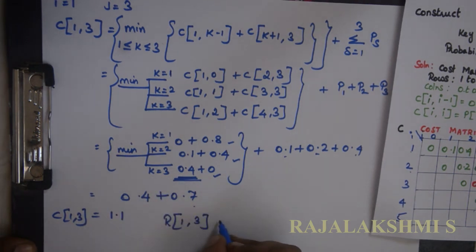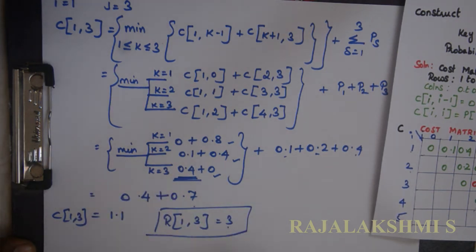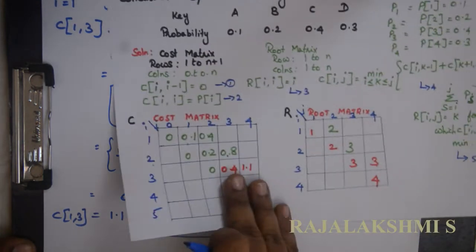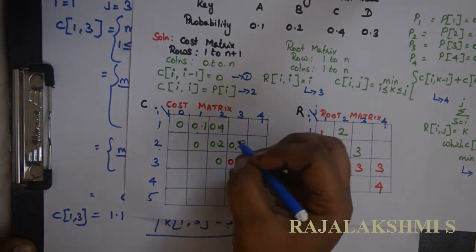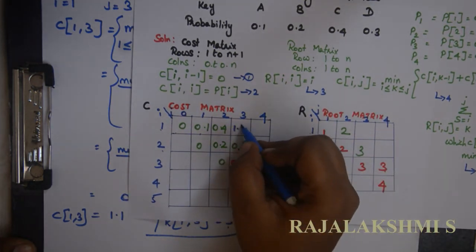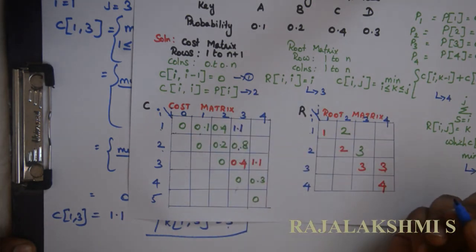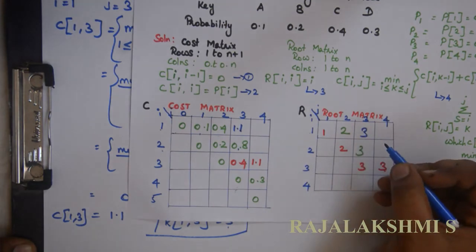So at K is equal to 3 we are having C of I comma J as minimum. So R of I comma J is equal to the minimum K. So now we will fill the table. So C of 1 comma 3 is equal to 1.1 and R of 1 comma 3 is equal to 3 here, right?